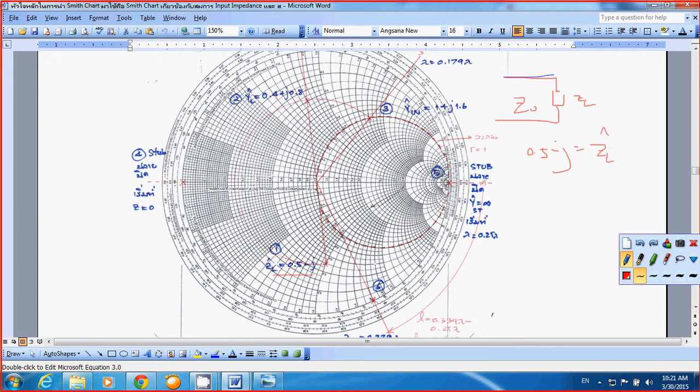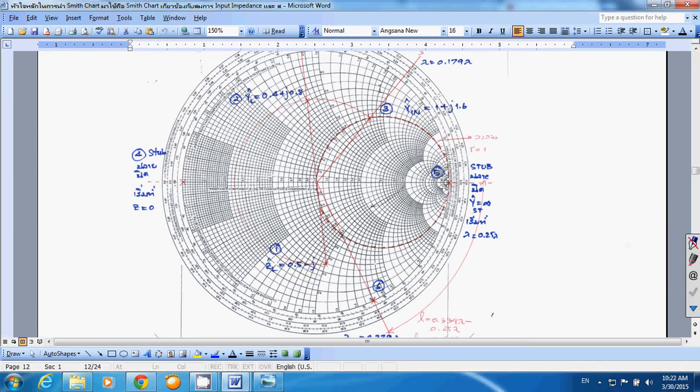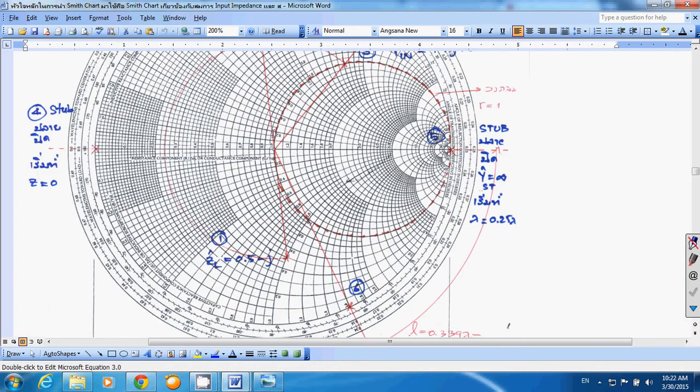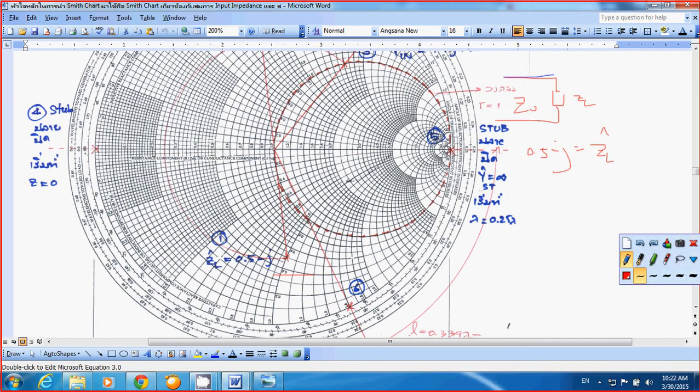So I'll start here. ZL equal to 0.5 minus j, because this is my 0.5 circle here. So I move around, and you need to find negative j.